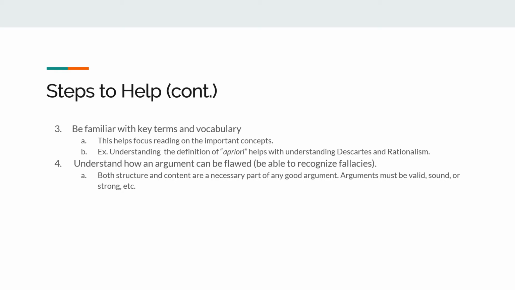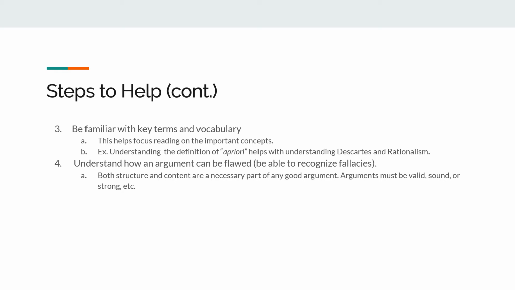Another key and important step when it comes to reading philosophy is to understand how arguments can be flawed. Now, this is some of the stuff that we've already covered in this class. Remember, there are two ways, for instance, that a deductive argument can be flawed.